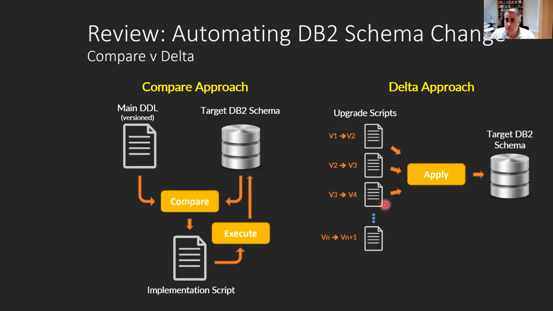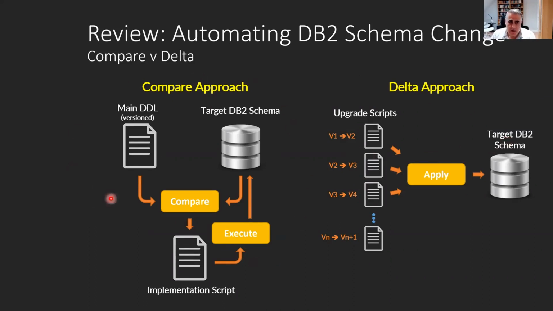And once you have these scripts, you simply run them against each target schema in succession as you move on your route to live. They never change, and you run essentially the same scripts in all environments on your route to live. And that has some advantages in terms of consistency and knowing exactly what you're going to be doing. It has some disadvantages in terms of relying on your schemas all being in a consistent state to start with.